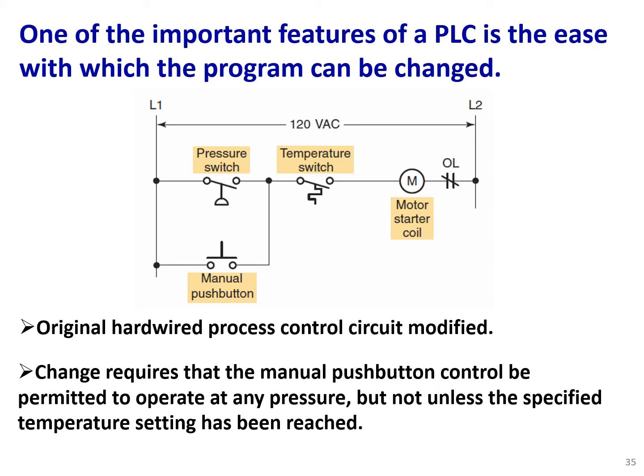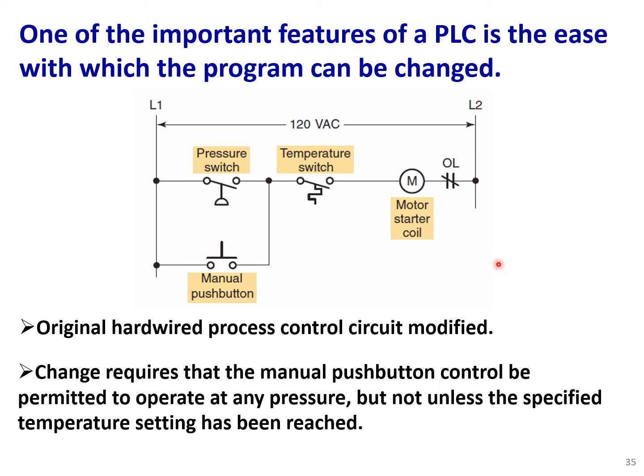So in this example, we see that we could easily change the program. Now we could only override the pressure sensor by the manual push button, but the temperature should be reached to the preset value.